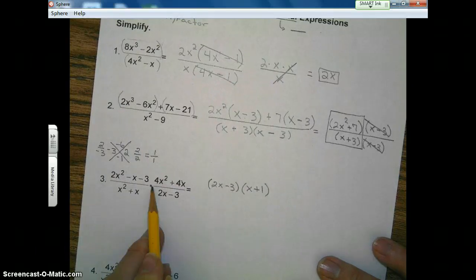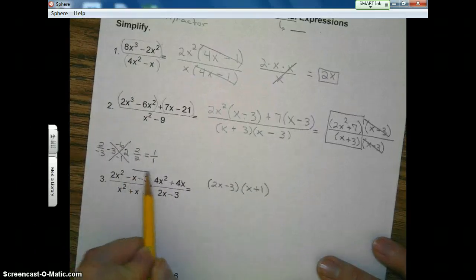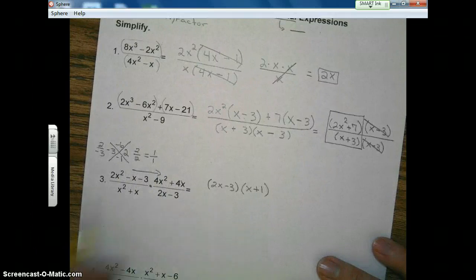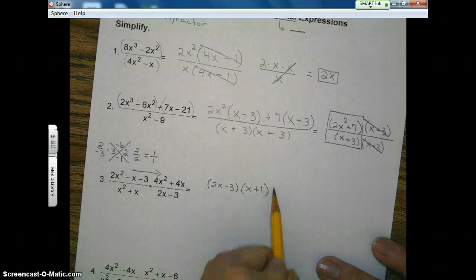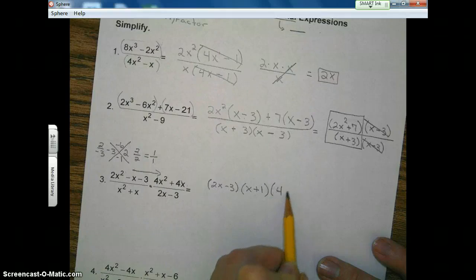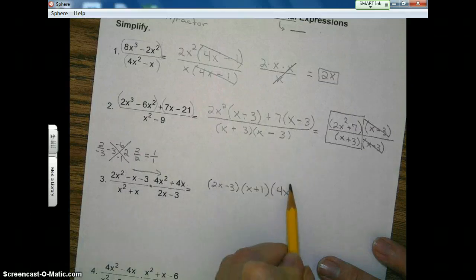Now let's factor this one. We're multiplying. So let's remember, when multiplying fractions, you multiply straight across. So I'm going to go ahead and factor out a 4 and an x. 4 goes into both of those and an x goes into both of those.